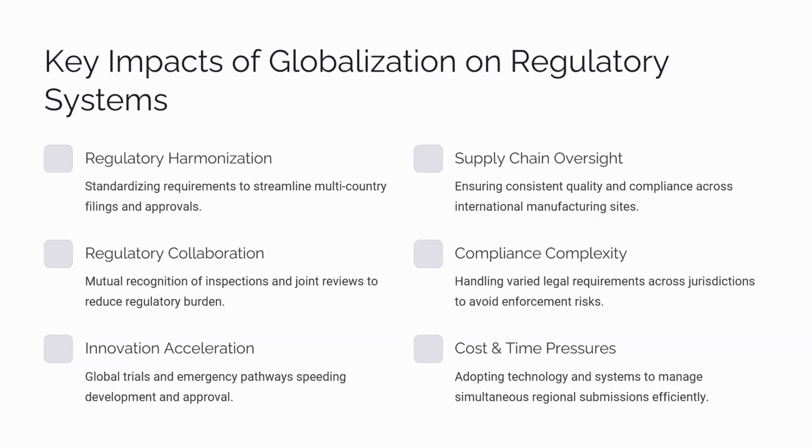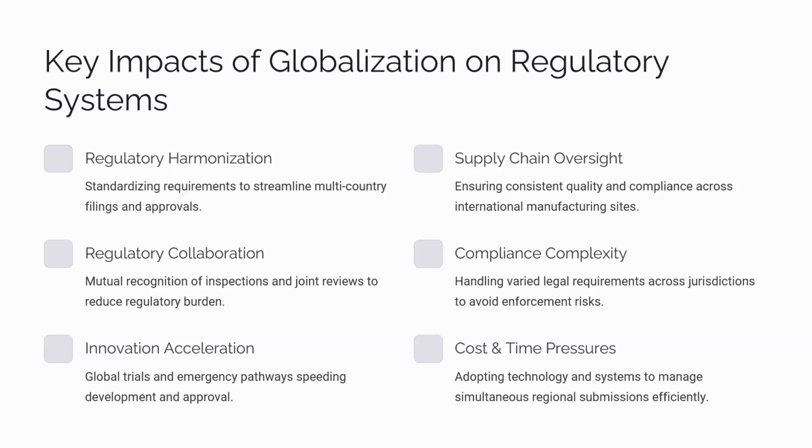Then supply chain oversight, where you have to ensure consistent quality and compliance across international manufacturing sites. Then compliance complexity, where handling varied legal requirements across jurisdictions is needed to avoid enforcement risk. And last is your cost and time pressures, where adopting technologies and systems to manage simultaneous regional submissions efficiently will help you manage cost and time effectively.